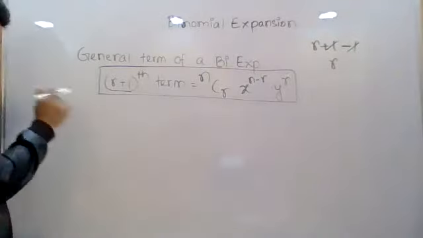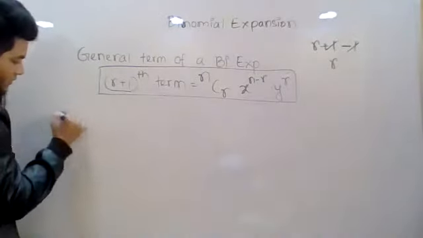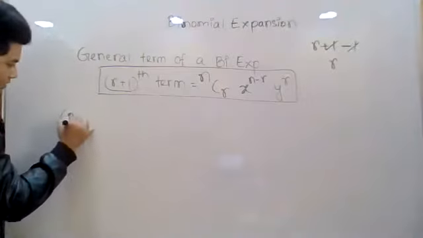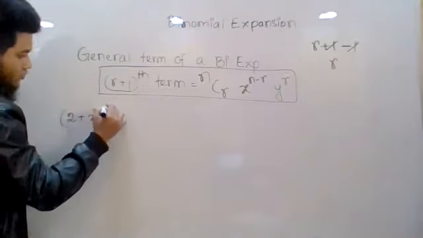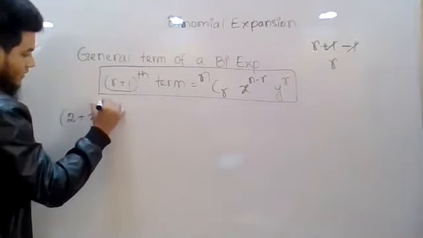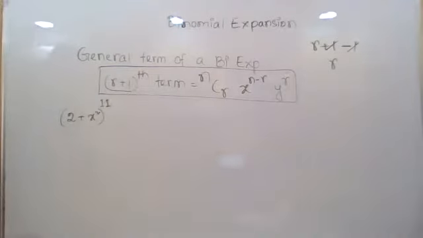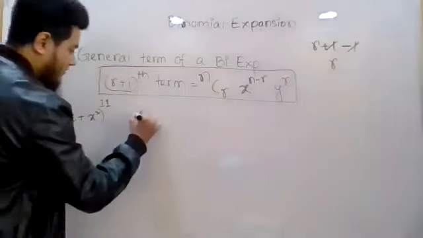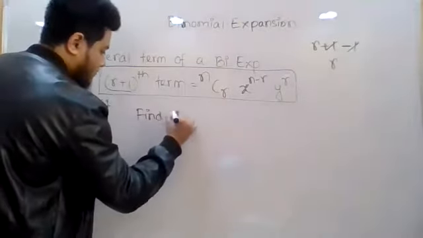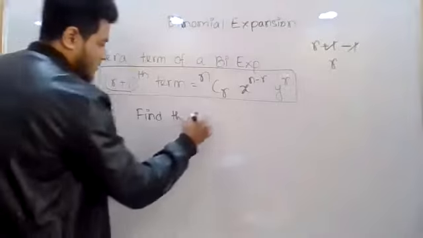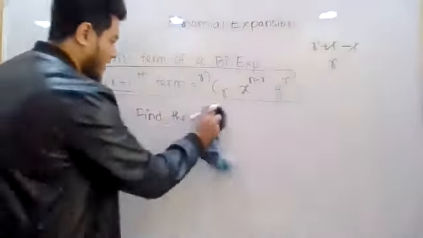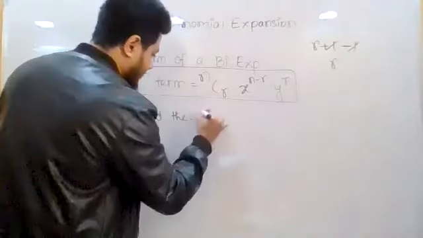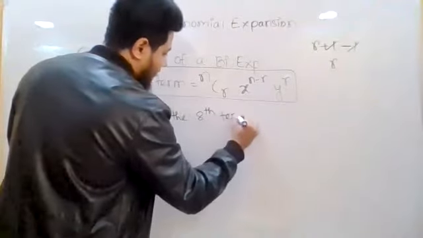Okay, so let us say we have a binomial expansion like this, 2 plus x square to the power, let us say 11. And I told you to find the term first.